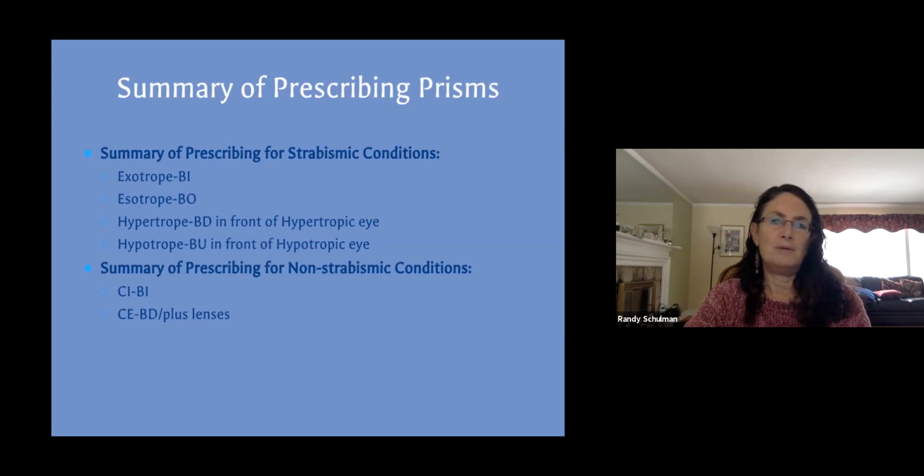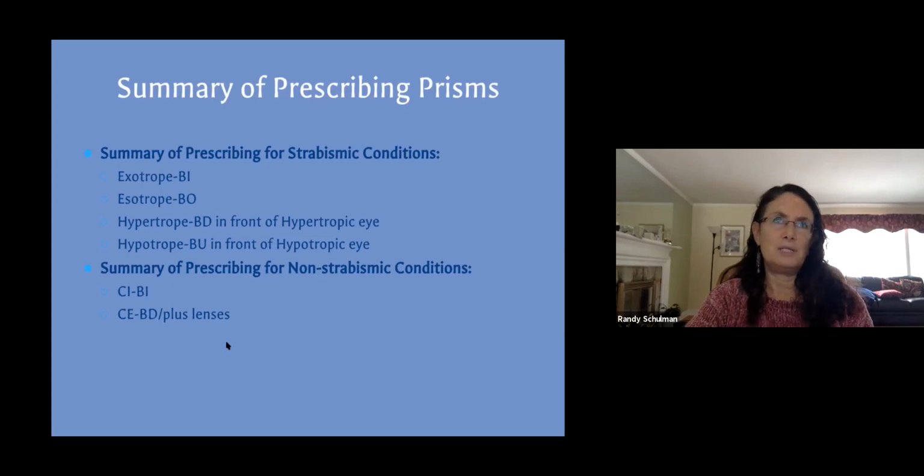I've had a couple of hypertropes. Actually, I had another guy on Wednesday. He was a little exo, maybe 6 exo with about 5 or 6 vertical, at distance and near. He said that he doesn't see double that often, but he does see it daily.